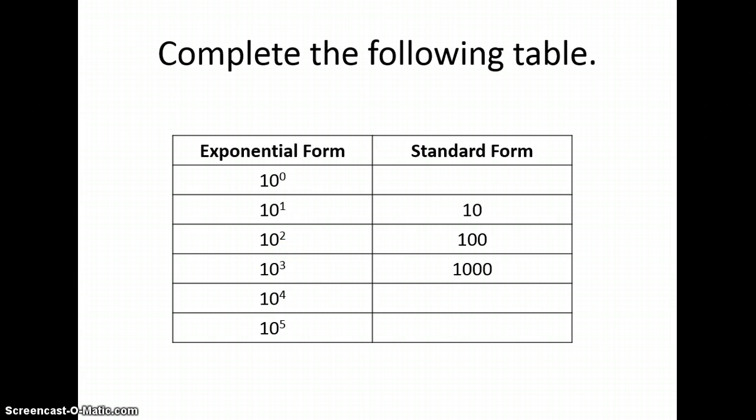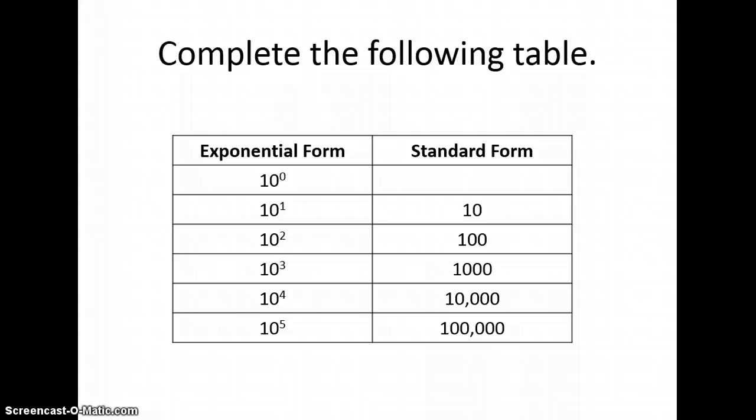So 10 to the fourth power would be a 1 with 4 zeros, or 10,000. 10 to the fifth power, which is 10 times 10 times 10 times 10 times 10, is going to be 1 with 5 zeros, or 100,000.